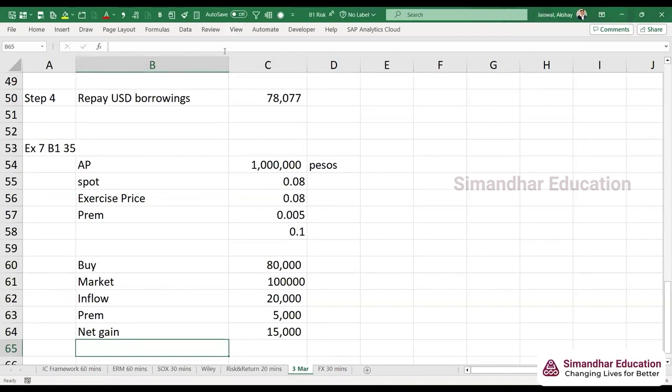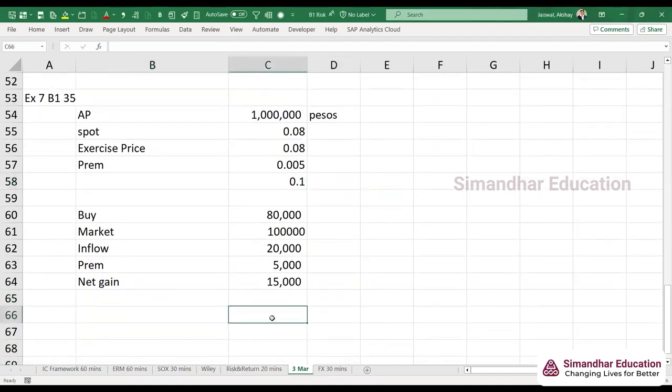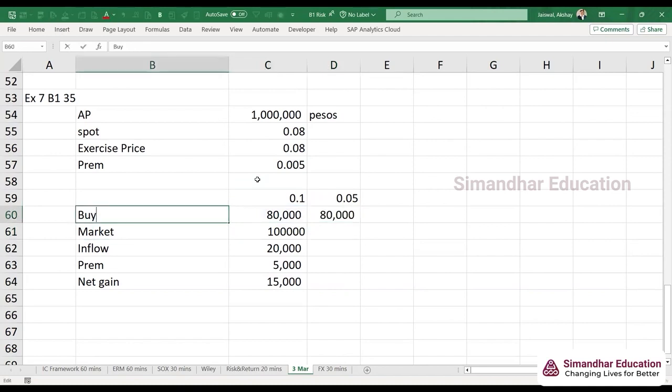It will be clearer when I give a second scenario. So let's say the second scenario is where the price did not go up. It went down to 0.05, right? So if I buy as per the option, my outflow will be 80,000.